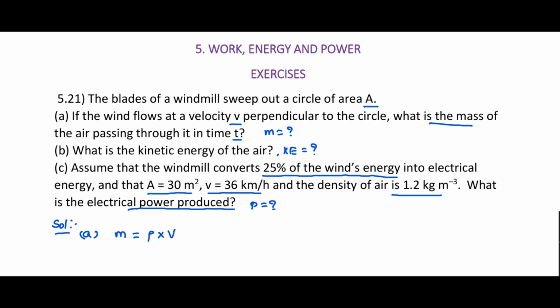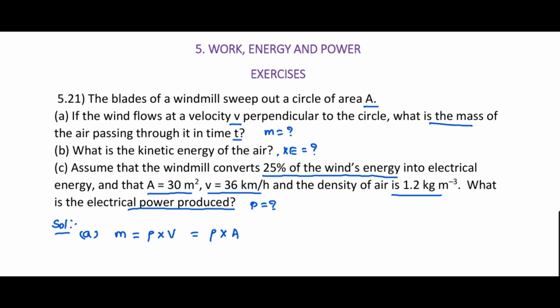So mass here I will write in terms of density into volume. Density is equal to mass by volume. Why am I writing this? Here we have the data in terms of area, in terms of density. So mass is equal to density into volume. Volume directly we don't have, but we have area.